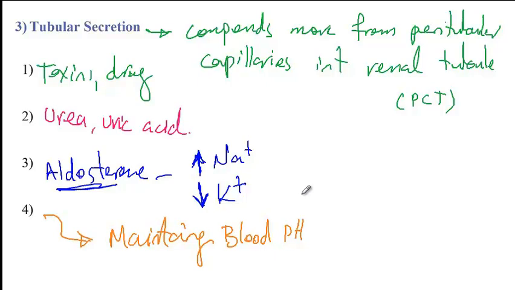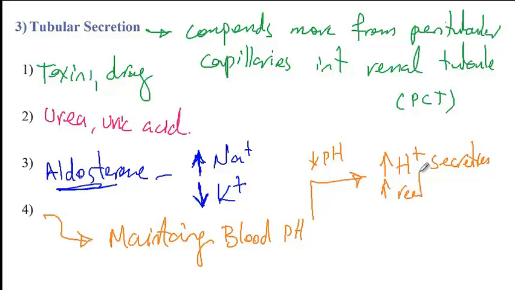Under these circumstances, the kidneys will increase H+ secretion and increase reabsorption of bicarbonate, as a consequence of which the result is an increase in blood pH.